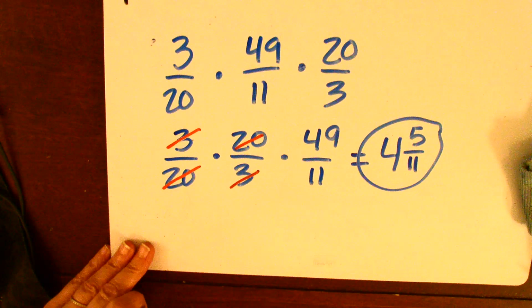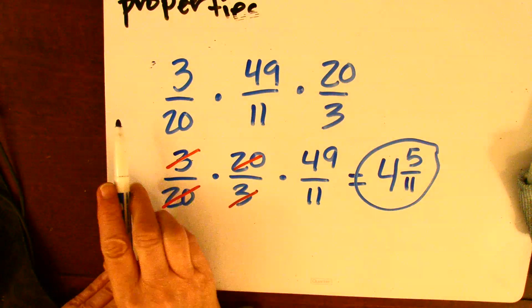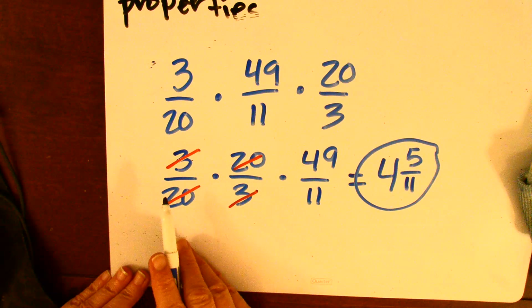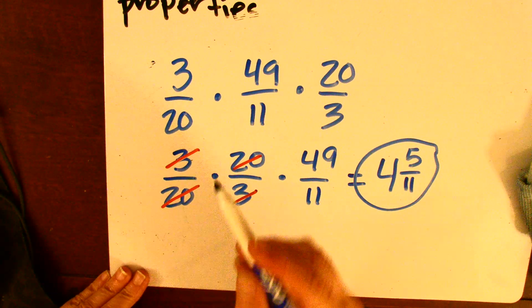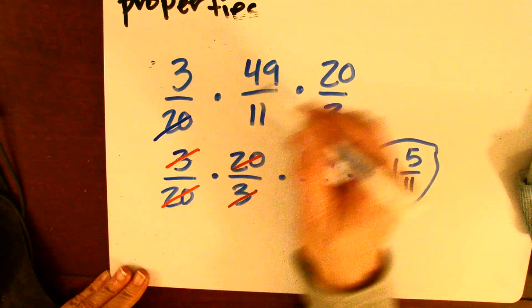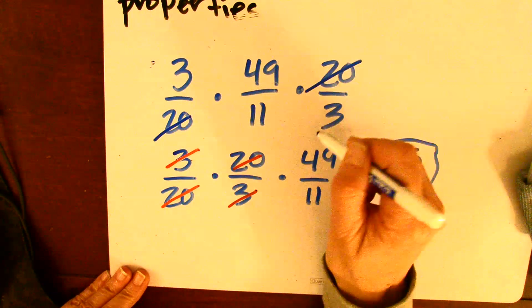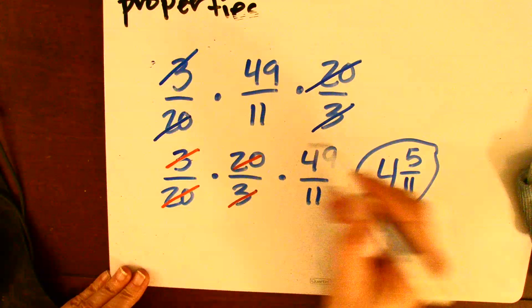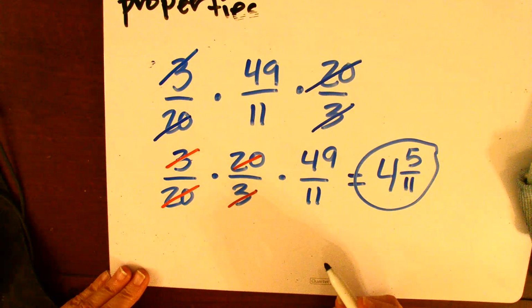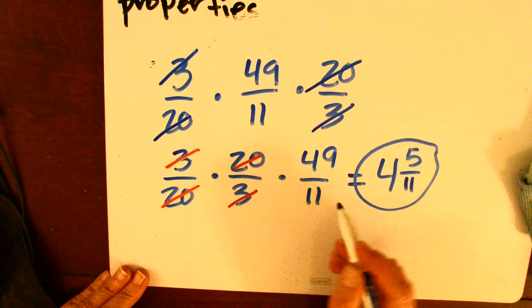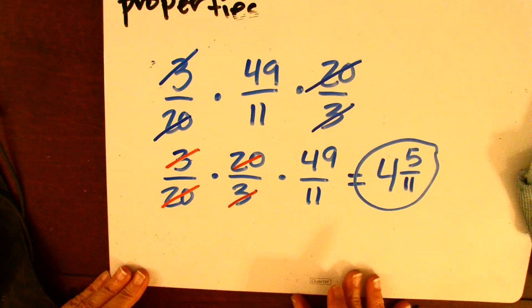Now, when you are multiplying, say you had this problem, because commutative property is a thing with multiplication, you could just do the reducing this way, as long as you're going diagonally or up and down. You're going to get the same answer. But this is why we're using commutative property.